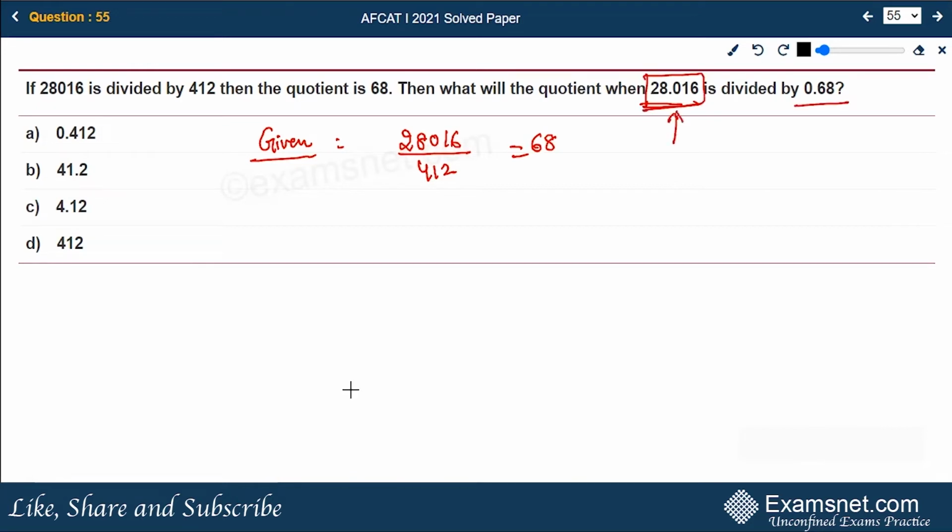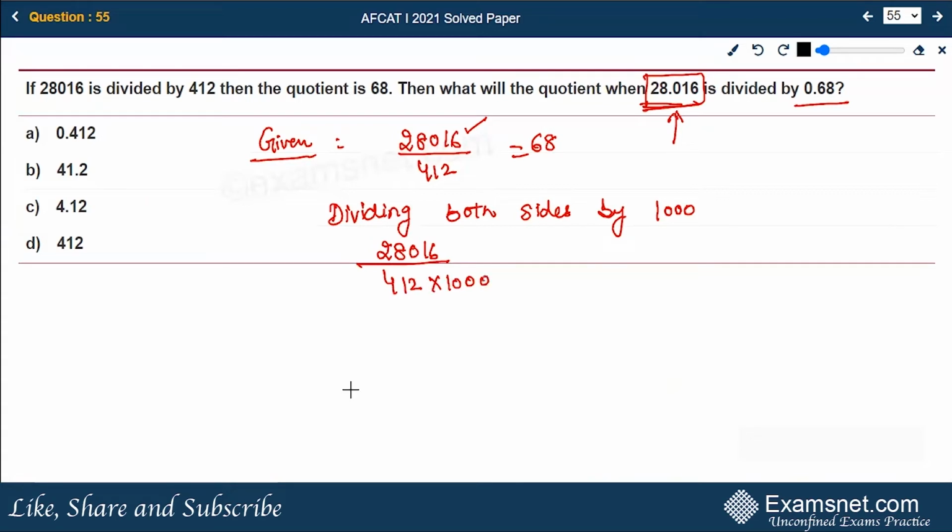See, this can be achieved if I divide 28,016 by 1000. So dividing both sides by 1000, this is equal to 28,016 divided by 412 multiplied by 1000.